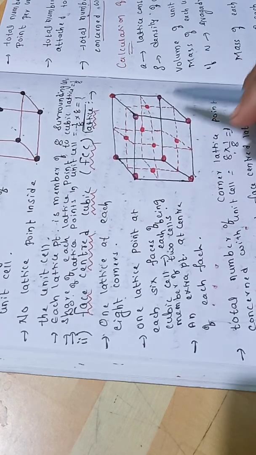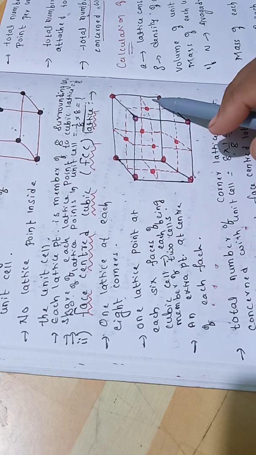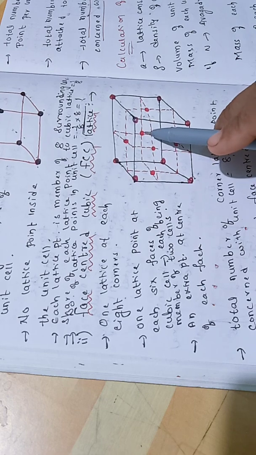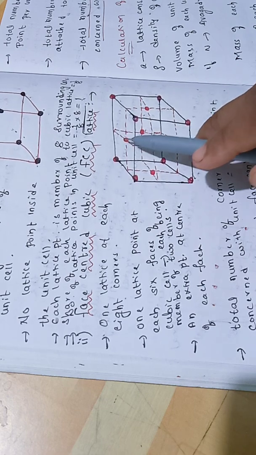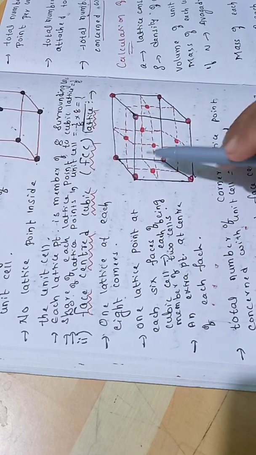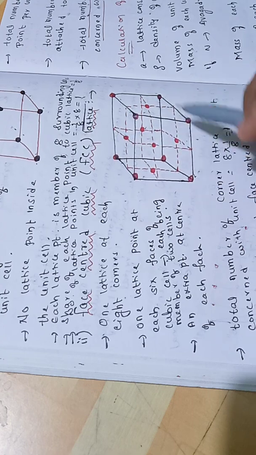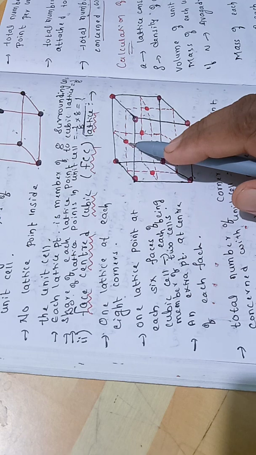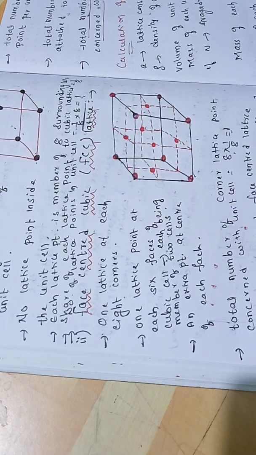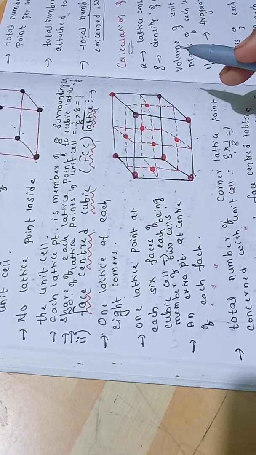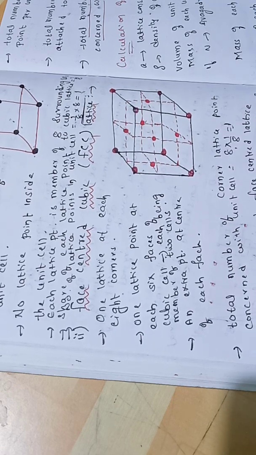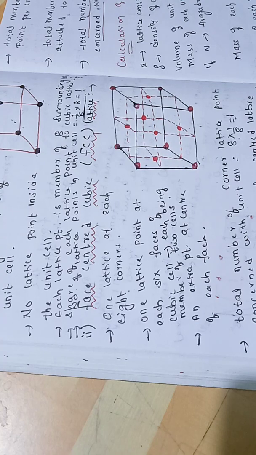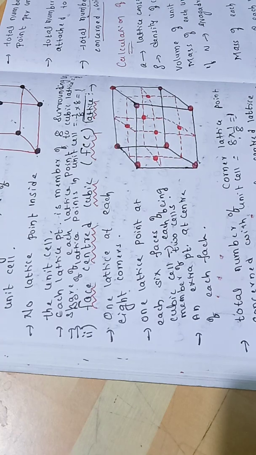And we have 6 faces, no? In each face one lattice point will be there. And again these face centered lattice points are shared by 2 unit cells.